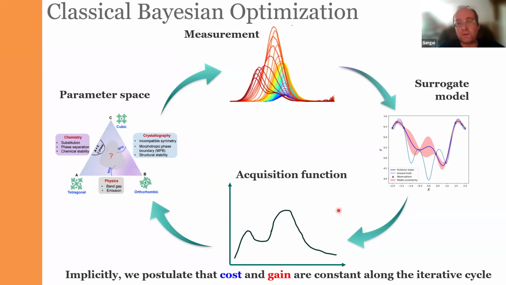Then we repeat this process until we run out of experimental budget. Of course, how greedy to make the acquisition function depends on the context. If we have a long exploration campaign ahead of us, it makes sense to start by being exploratory. If we have very few experiments, it makes sense to be greedy.